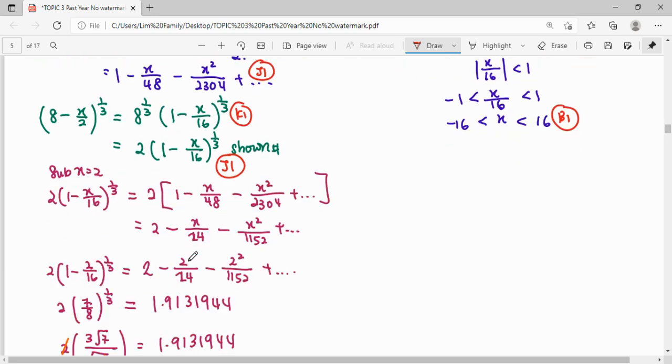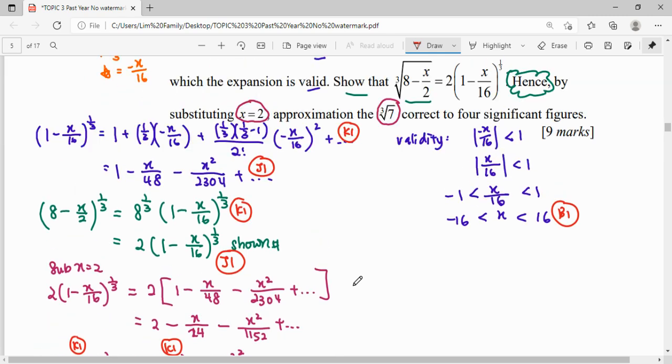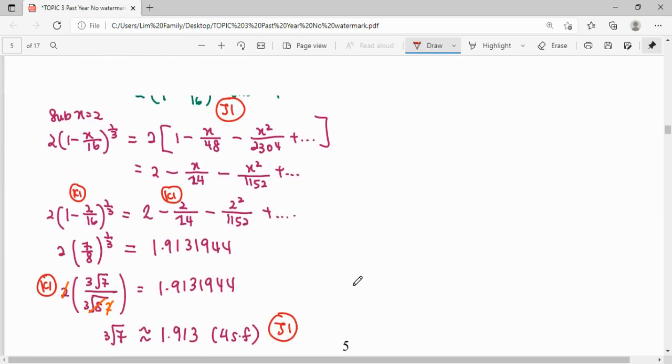Then when we substitute our value of 2, we have to do it on both sides, one side for 1 mark, another side for another mark. Then we simplify the left hand side in order to reach this answer, cube root of 7. So that's all.